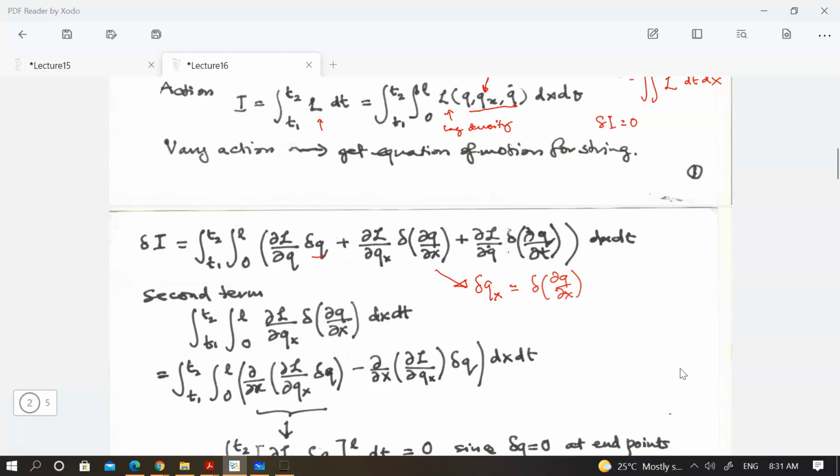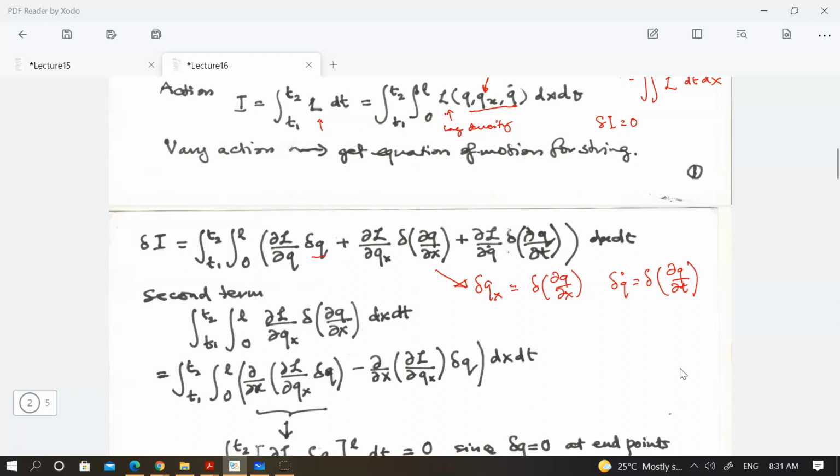And the other thing will be the velocity. Then you have partial L partial Q dot, delta partial Q partial t. So you have Q dot, delta dq dt.